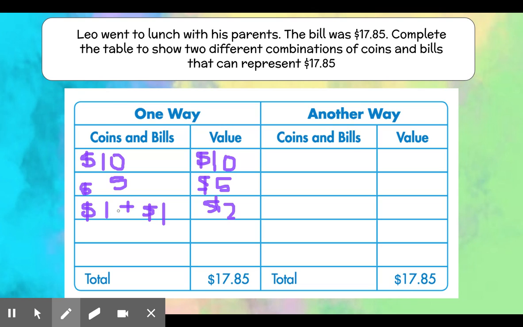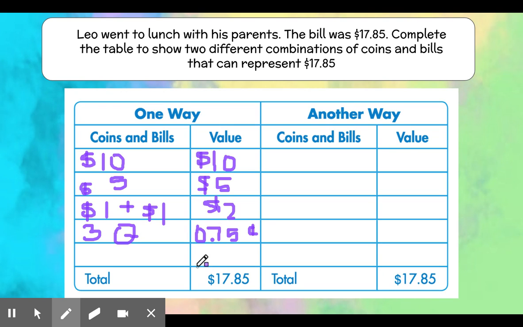Now I have to use coins. So the highest coin I can use is a quarter, which is worth 25 cents. So if I want to get to 85, I want to think about what I know about quarters. I know that 3 quarters, and I'm just going to put 3Q, is equal to 75 cents, or 0.75.